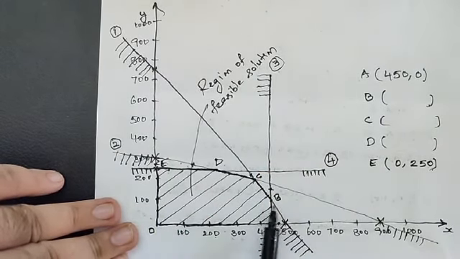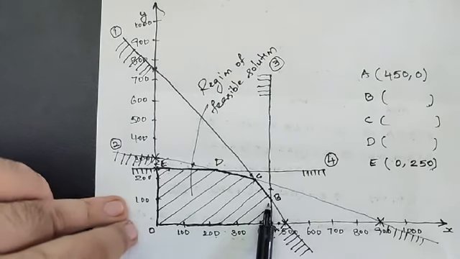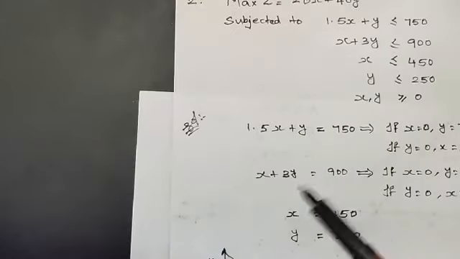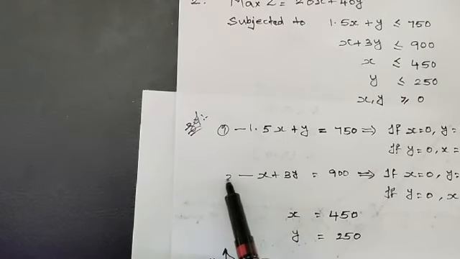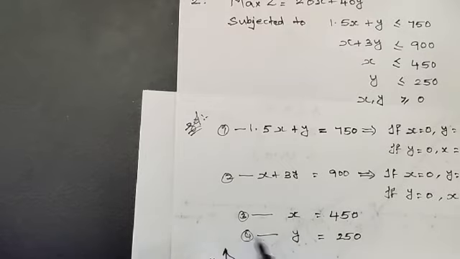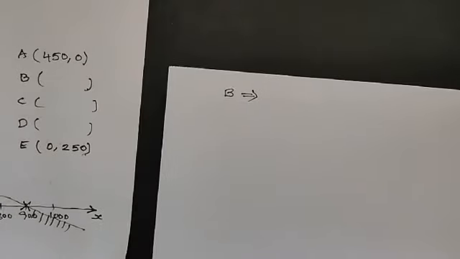We need to solve equations 1 and 3. Here these are the equations: first constraint, second constraint, third constraint, fourth one, right? So now we need to solve 1 and 3 in order to get the vertices of B.